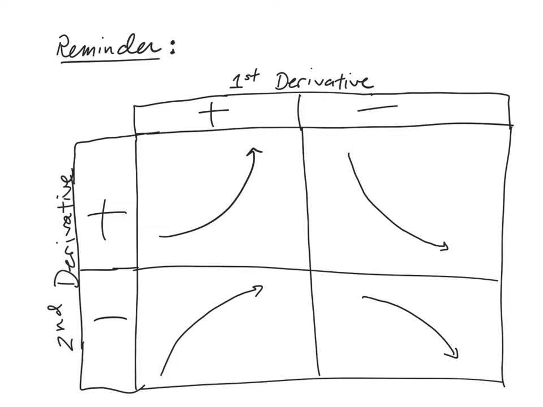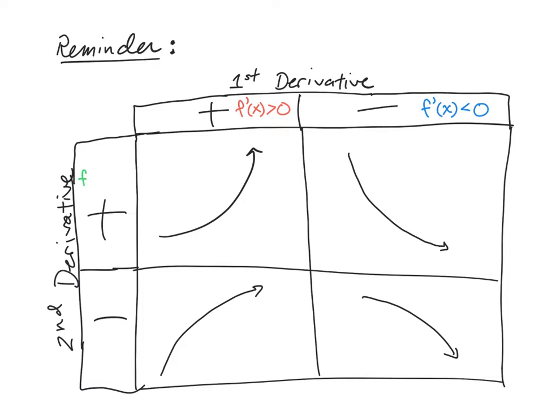One last thing before I move on: the first derivative being positive can also be represented like this, and the first derivative being negative can also be represented like this. The first derivative is less than 0, that forces it to be negative. The same thing for the second derivative.